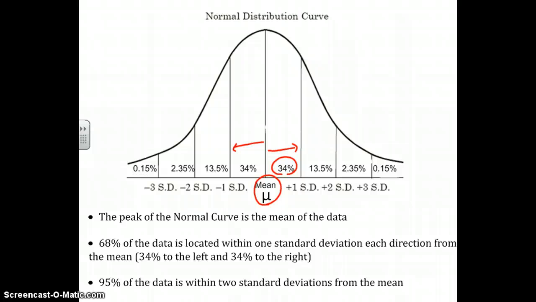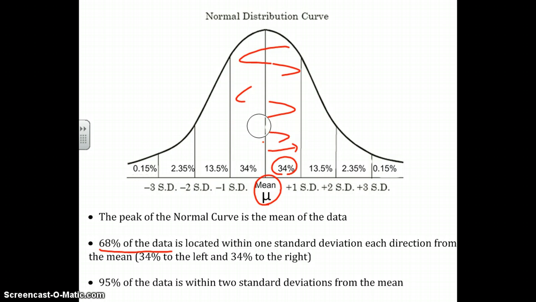So that also means 68% of the data is located within one standard deviation. From the mean, if we go up and down, those 34 and 34 make 68% of the data. So things that are normally distributed have 68% of their data in this area close to the mean.